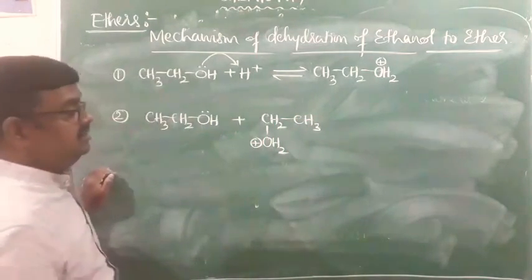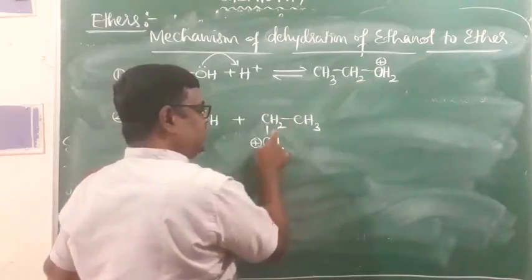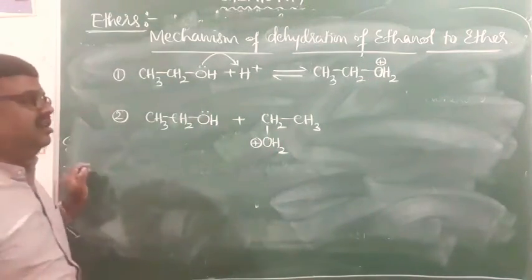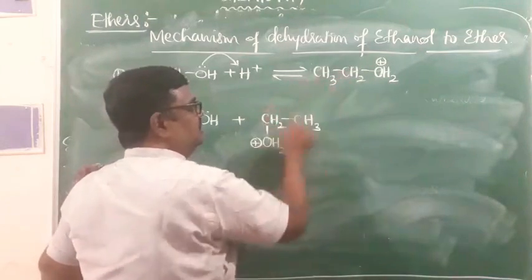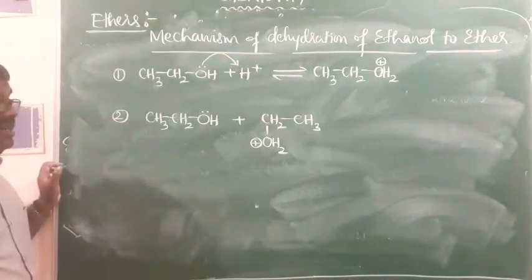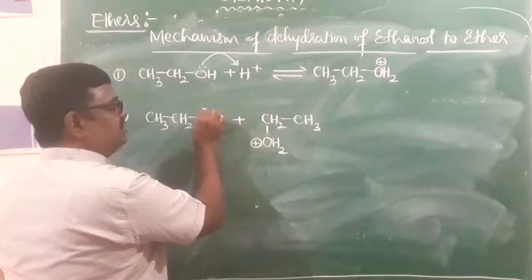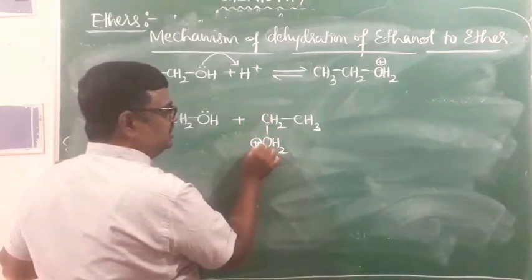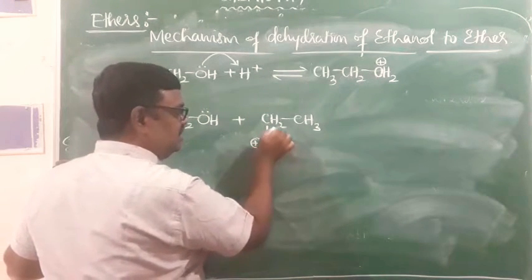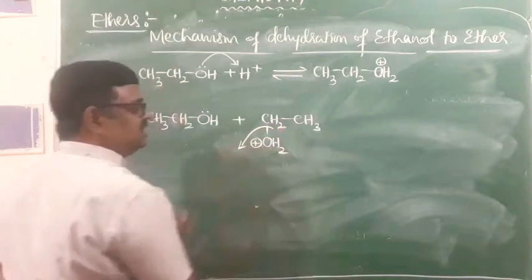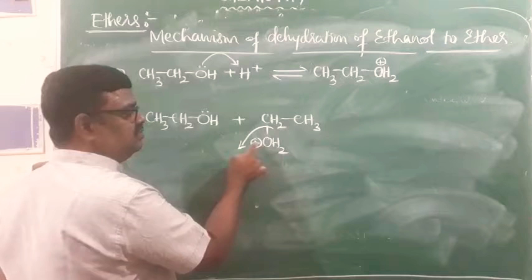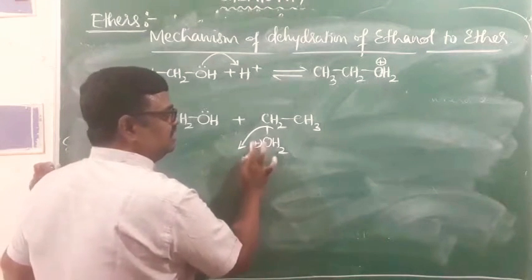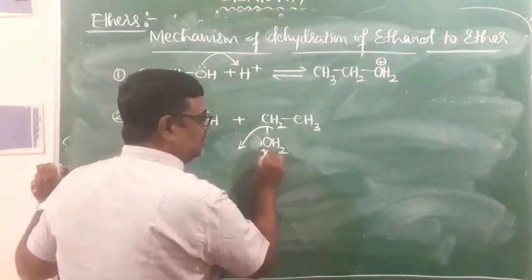I write it like this just for convenience: OH2 plus attached to CH2CH3. This is the lone pair of electrons on the oxygen, and due to the positive charge on the oxygen, electrons are moving towards the oxygen, because oxygen is electronegative and carries a positive charge.